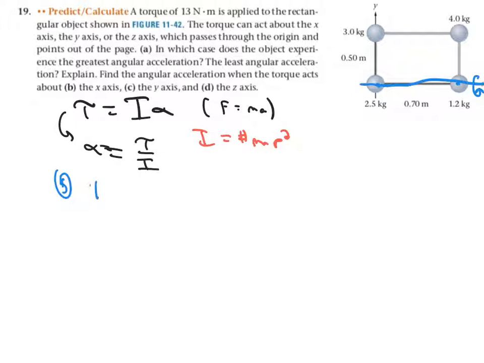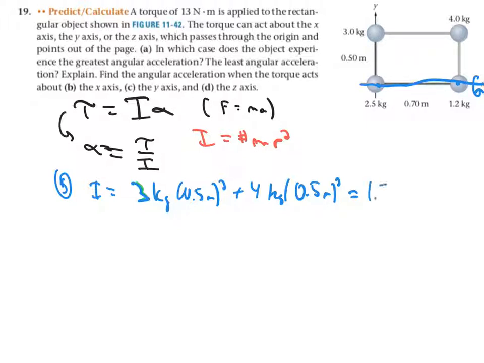All right, so our moment of inertia would be 3 kilograms times half a meter quantity squared plus 4 kilograms times half a meter quantity squared, which turns out to be 1.75 kilogram meter squared.